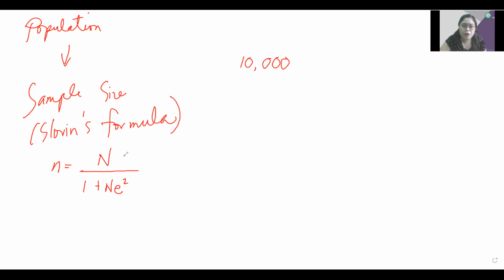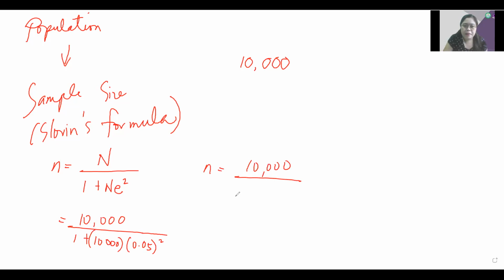So when computing, you have here 10,000 as the population. So 1 plus 10,000 times E squared. So that is 0.05 and then squared. So let's continue. N is equal to 10,000 divided by 1 plus 10,000 times E squared. Let me just get my calculator. 0.05 squared is 0.0025.